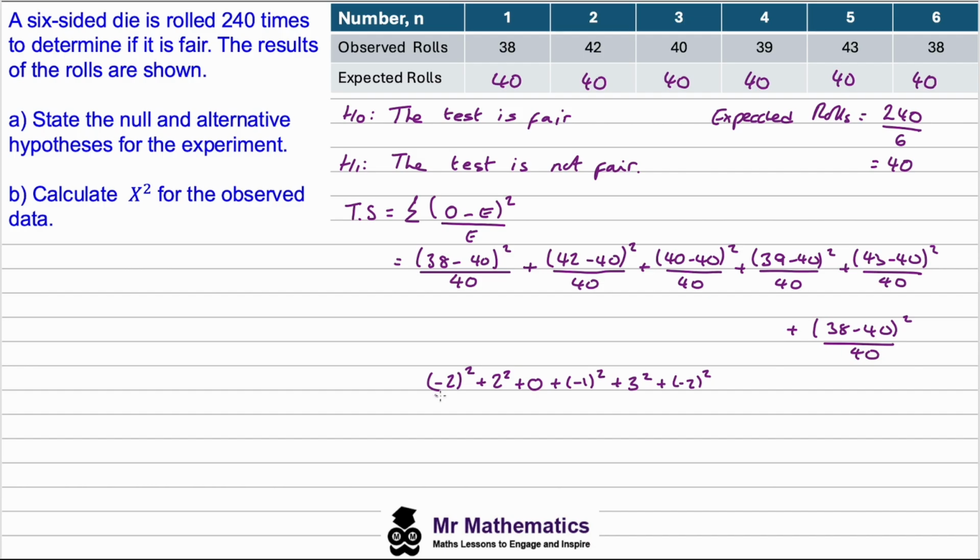And we'll divide all of this by 40. And when you square a negative, we get a positive, so we can work out our numerator, and we get 22 out of 40. So this will give us a test statistic of 0.55.